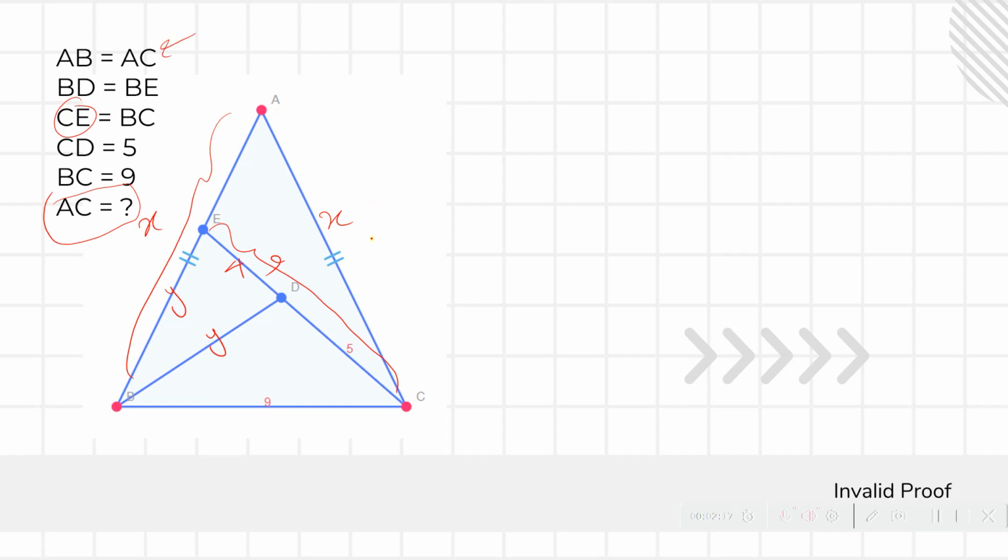The same thing holds for the middle triangle, BCE. You see, this is 9, and this is 9 as well. Also, we have the same thing for this triangle, BDE, two sides with the same length. So I will separate these three triangles to see what I can get from them.